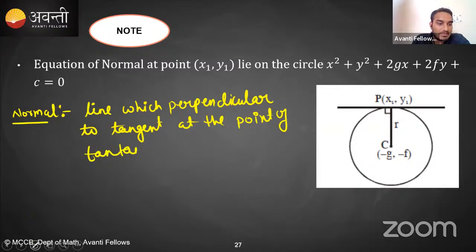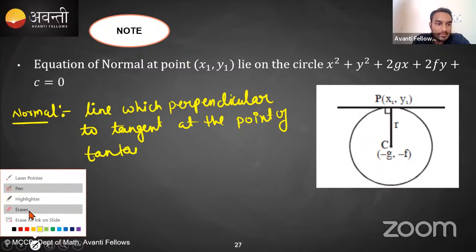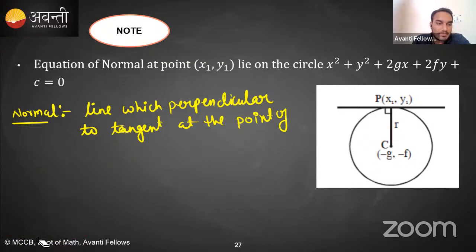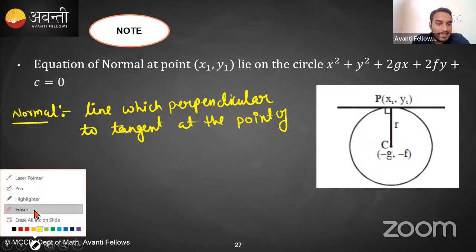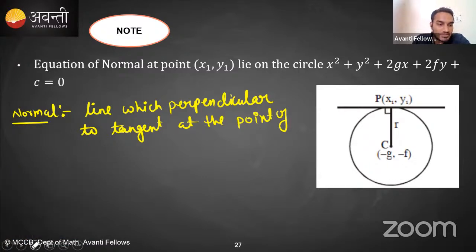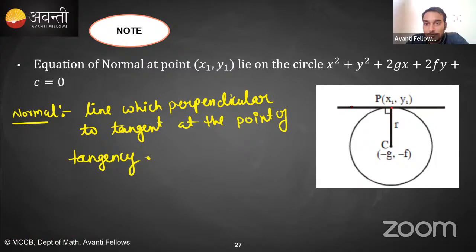Let's say from a point P, which is x1 comma y1, I have drawn a tangent. That is not just for this circle, that is for any curve. How are you going to find the normal at this point?